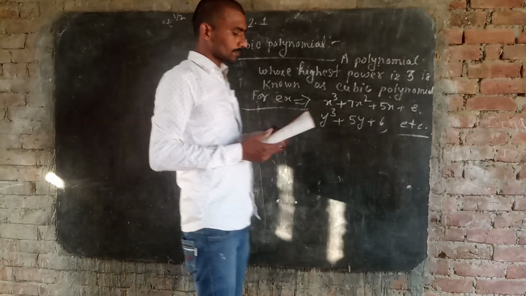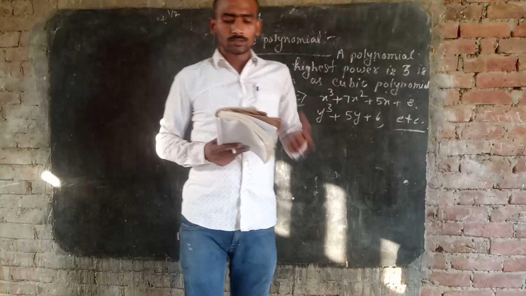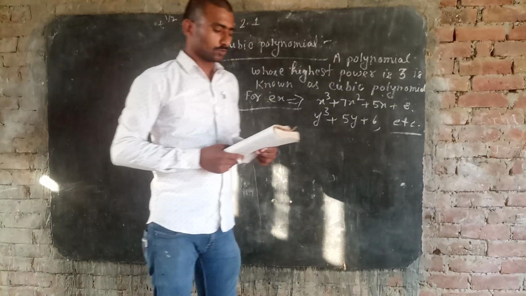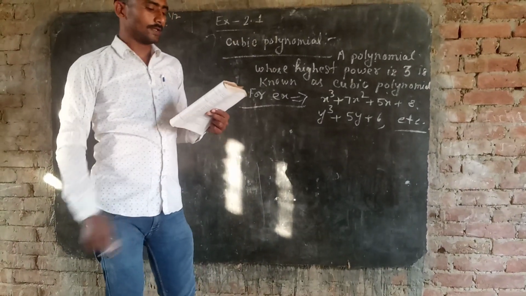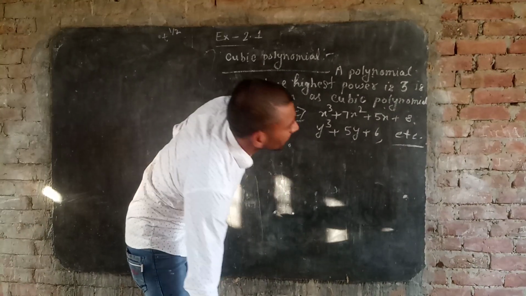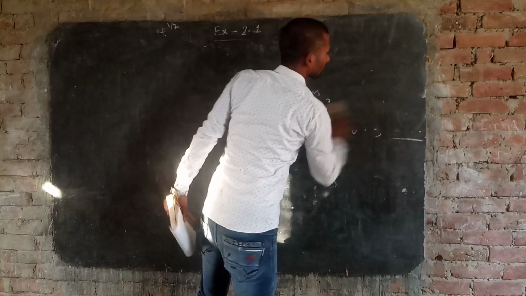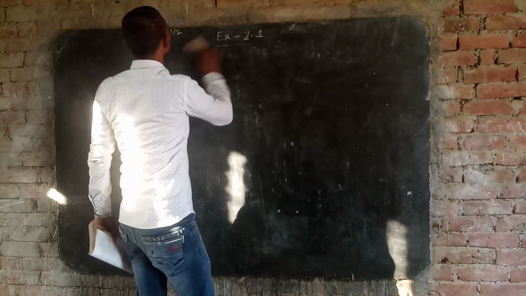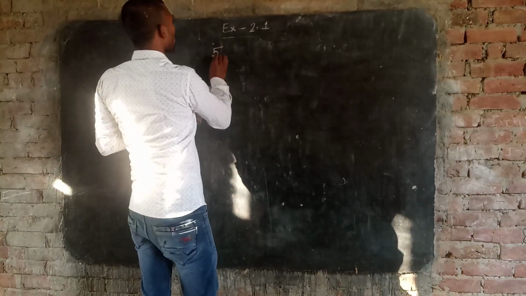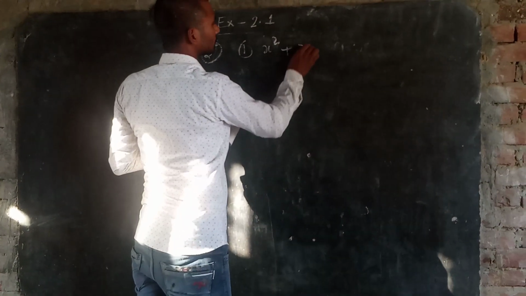So friends, in question number 5 we have to classify linear, quadratic and cubic polynomials. First question, x square plus x.